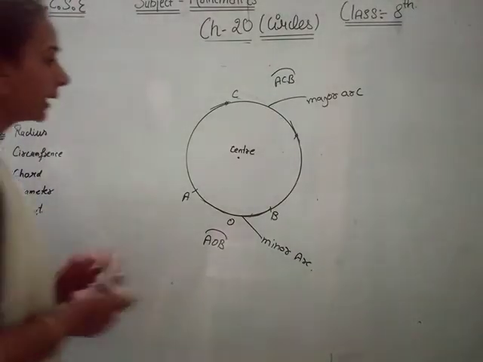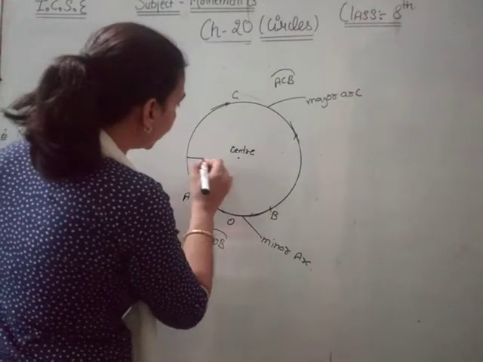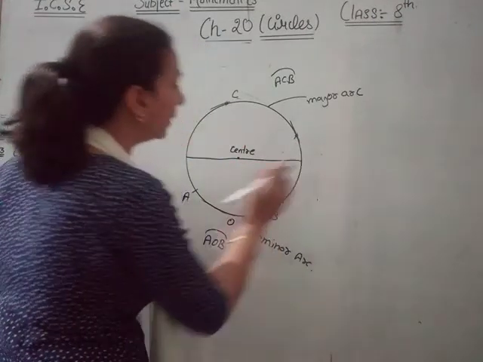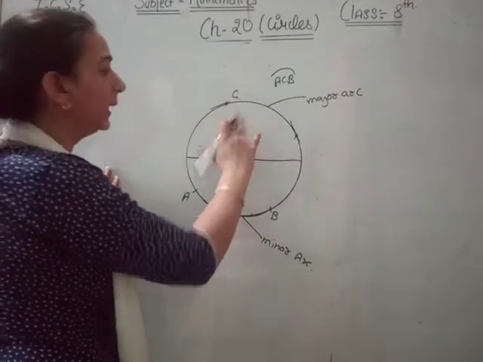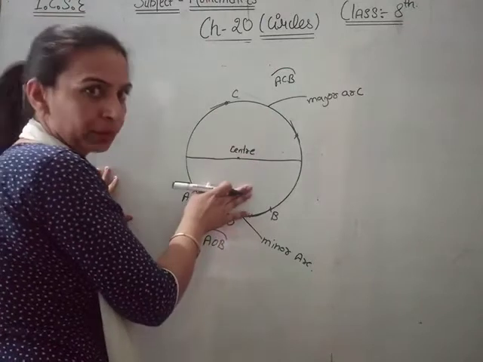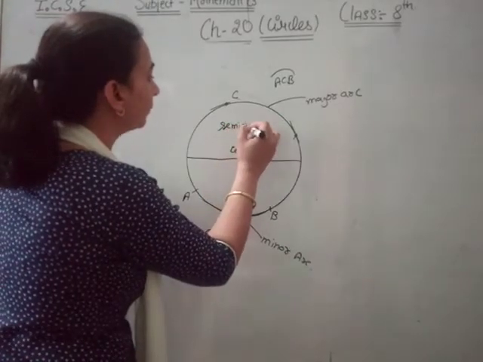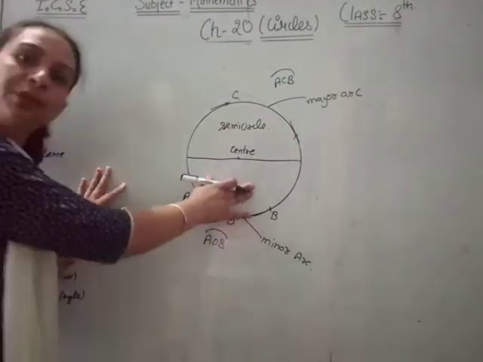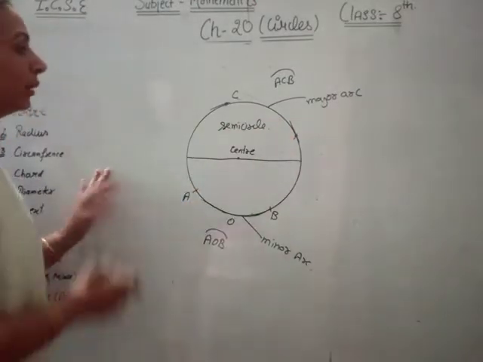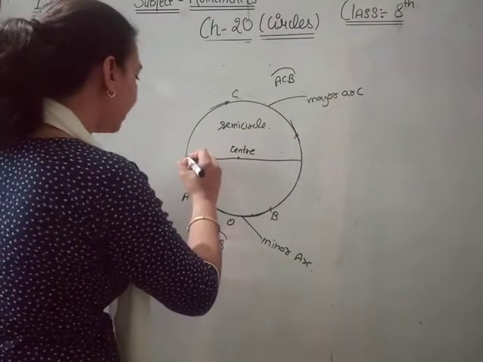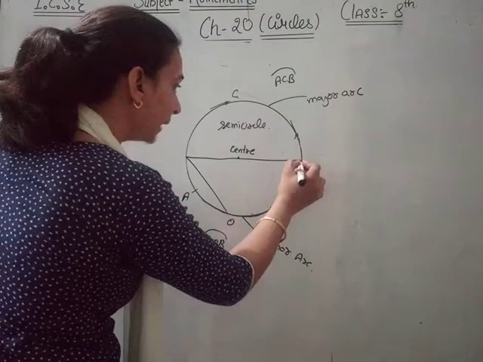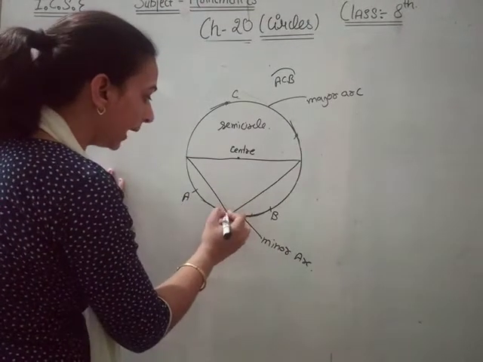Next is semicircle. This is the diameter of the circle, and the diameter divides the circle into two parts. This is a semicircle, and this is also a semicircle. And student, any angle in the semicircle, let this be an angle, this is an angle.